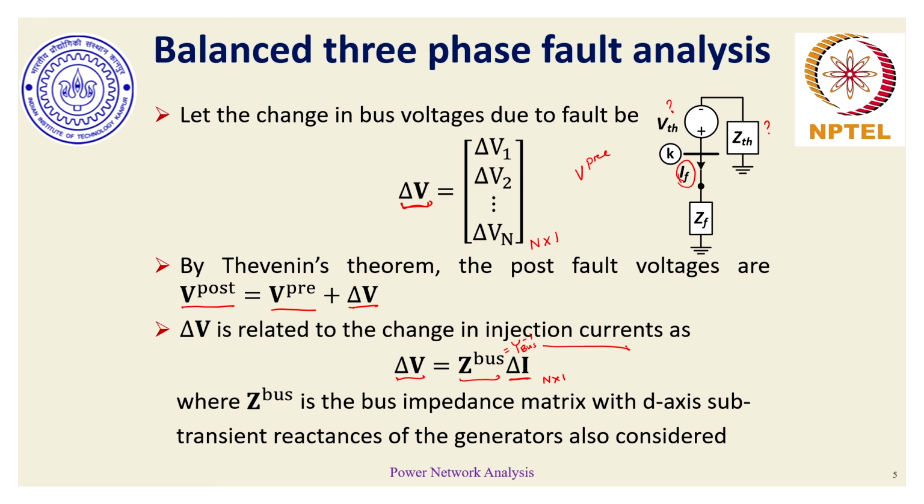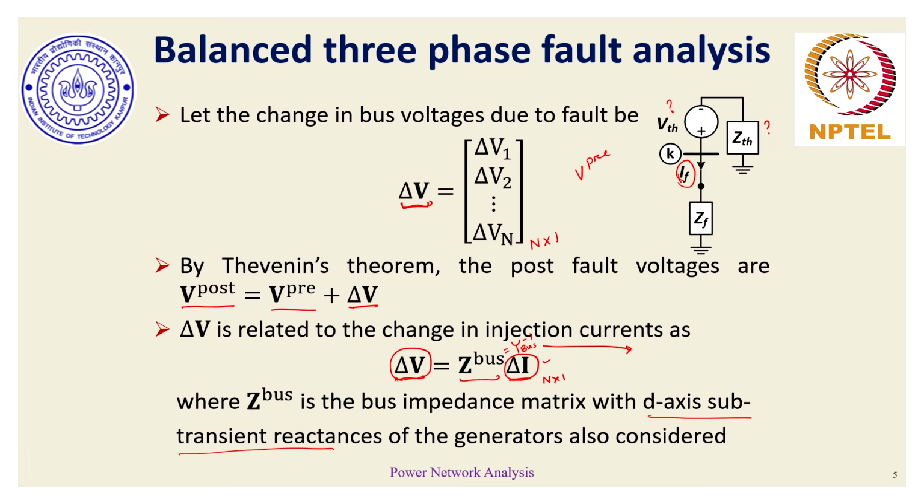Remember, this Y-bus needs to be evaluated while considering the generator's direct axis subtransient reactances along with other network impedances, transformer reactances, etc. So if we get to know delta I, because Z-bus can be known from Y-bus inverse, then only we can know delta V.